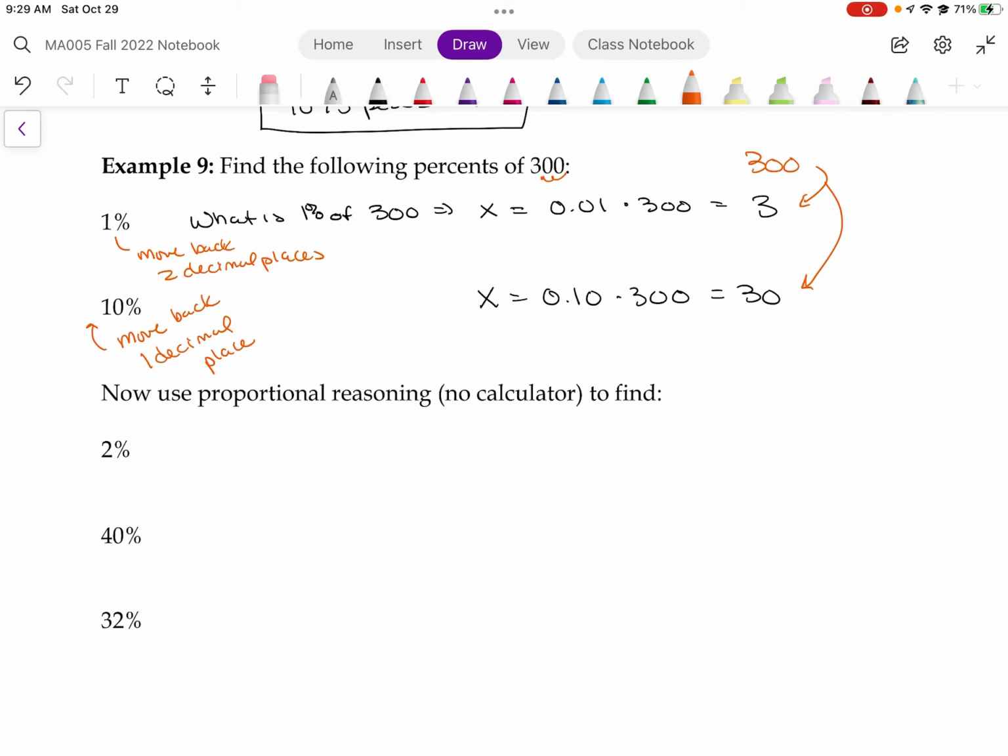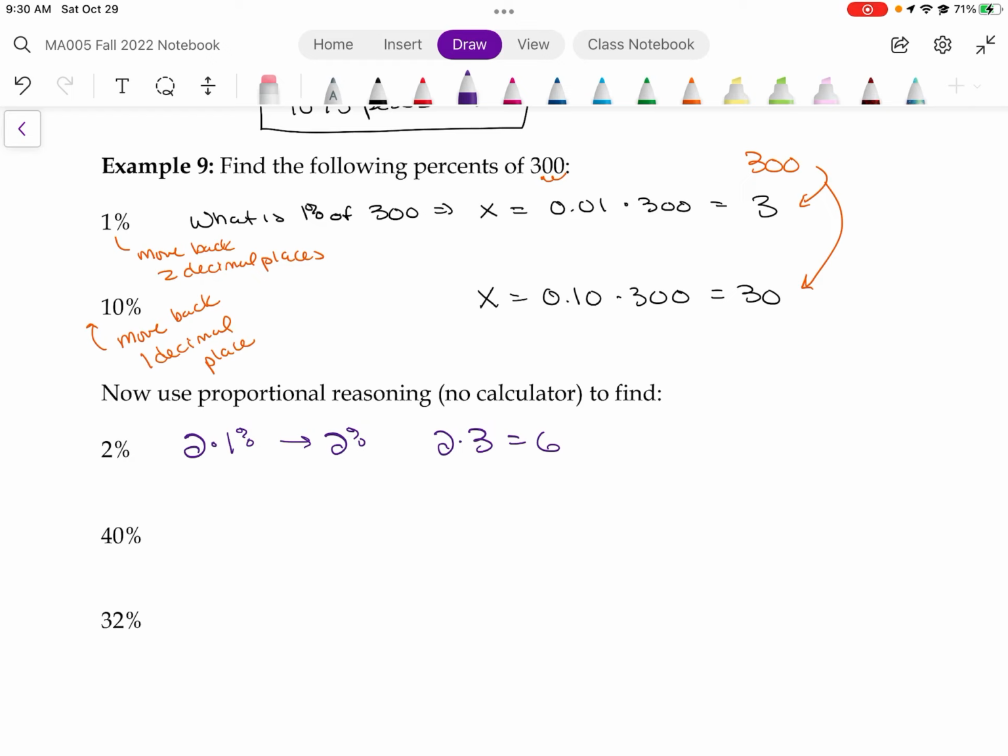All right, so now use proportional reasoning, no calculator, to find 2%. Well, if 1% is 3, then 2% would be double that, right? So 2 times 3 is 6. So 40%, how could you quickly find 40%?